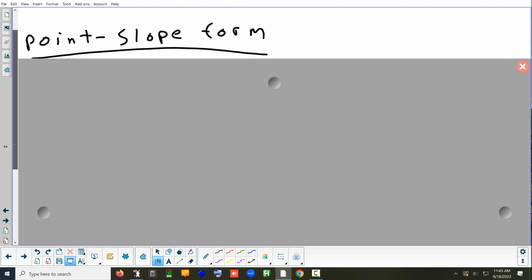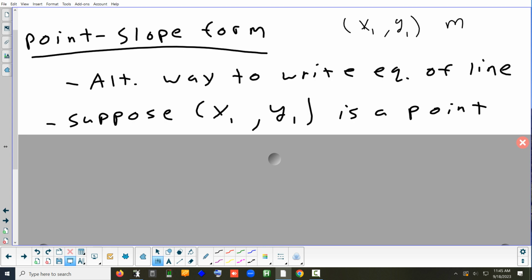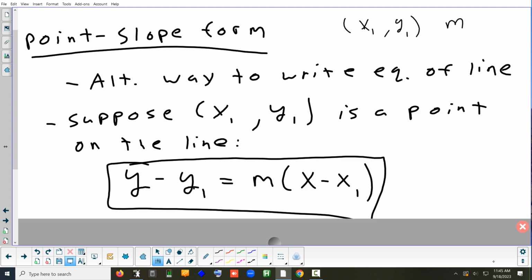Okay, so point slope. This is another way to write the equation of a line. And it's exactly what it says. It's a point and a slope. So to write an equation in point slope, it's y minus y1 equals m times x minus x1.